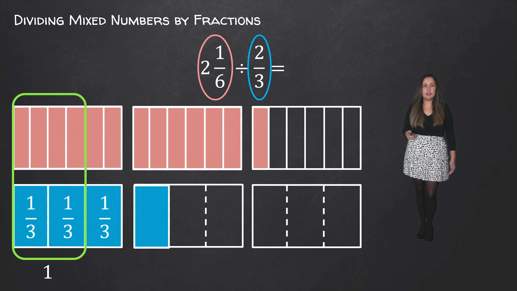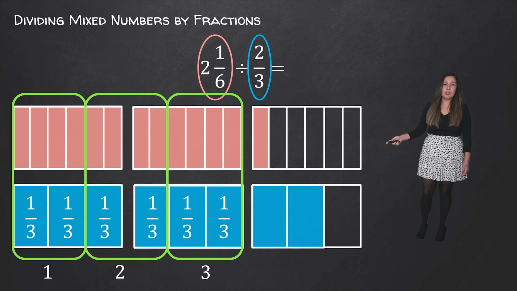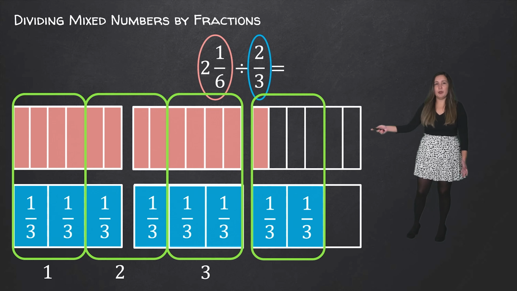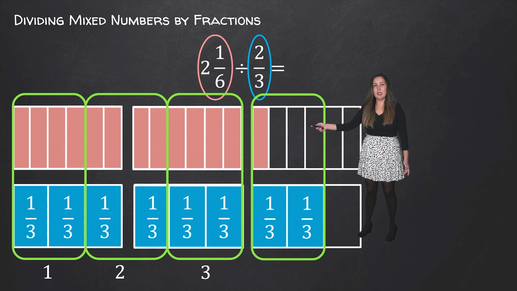So here we have 2/3, so we can make one group. Then we have another 2/3, so we can make another group. Then we have another 2/3, so we can make another group. And then here, we don't have enough to make another group. Notice that in order to make 2/3, we would need these 4 pieces shaded, but we only have 1.